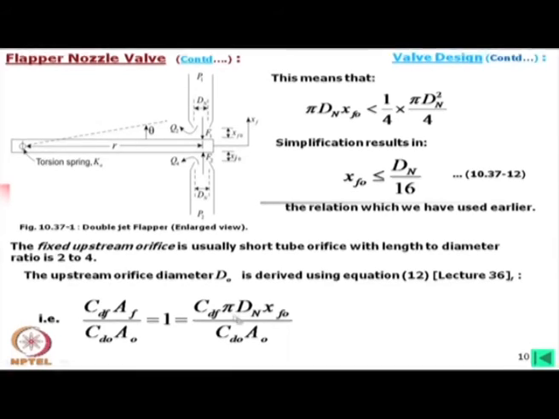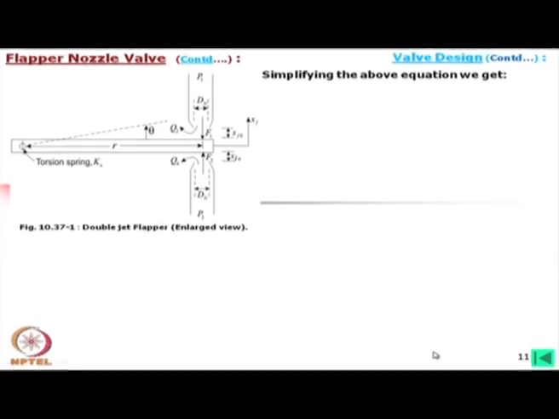Okay. Now, this again can be written in this form, and then simplifying the above equations, we get d0, that is the fixed orifice diameter, equal to 2 root over CDF by CD0 into dn x f0. Okay. dn is the diameter of this nozzle.